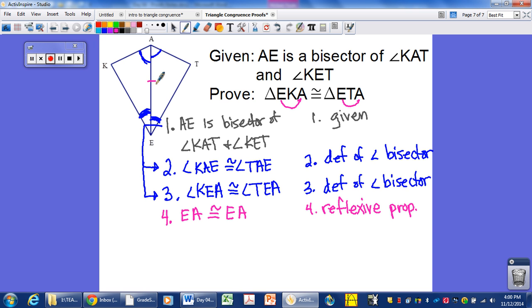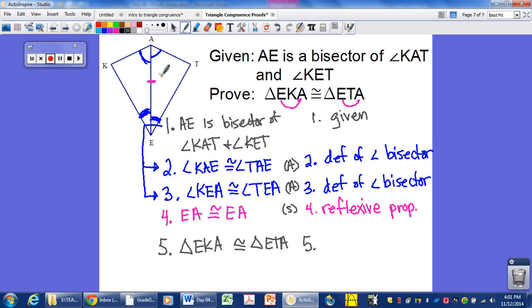And let's mark that on there, mark as we go. So I have three things, let's list them. The first thing is an angle, the second thing was an angle, and now I have myself a side. So I have sufficient to say that triangle EKA, the triangle on the left side, is congruent to triangle ETA, the triangle on the right side.